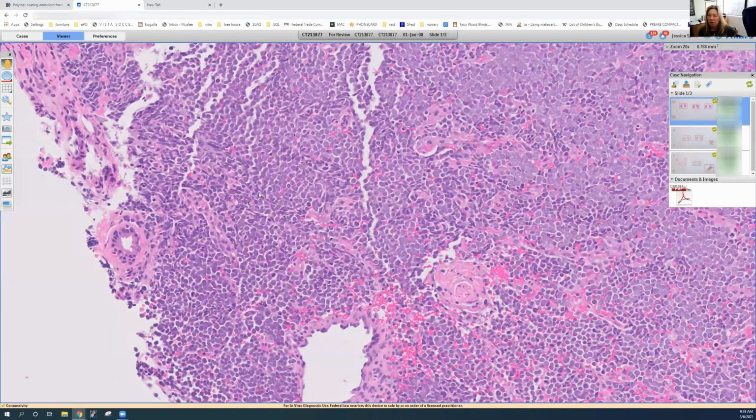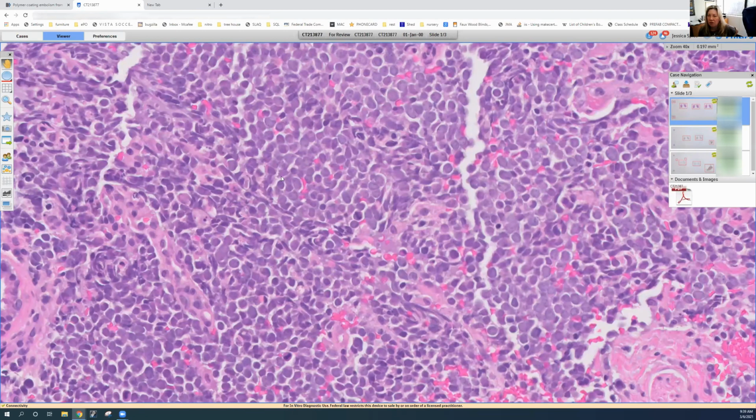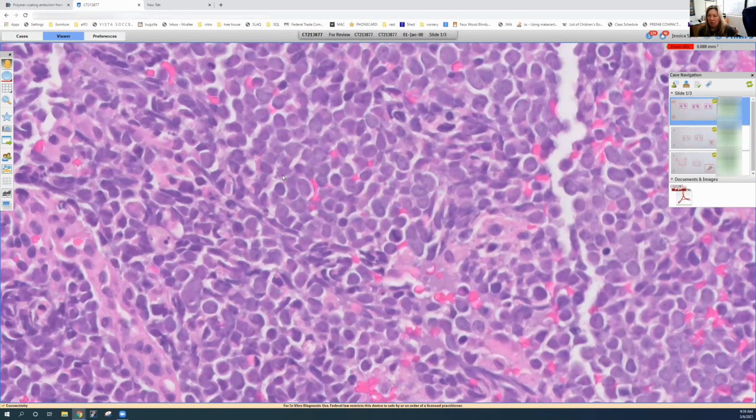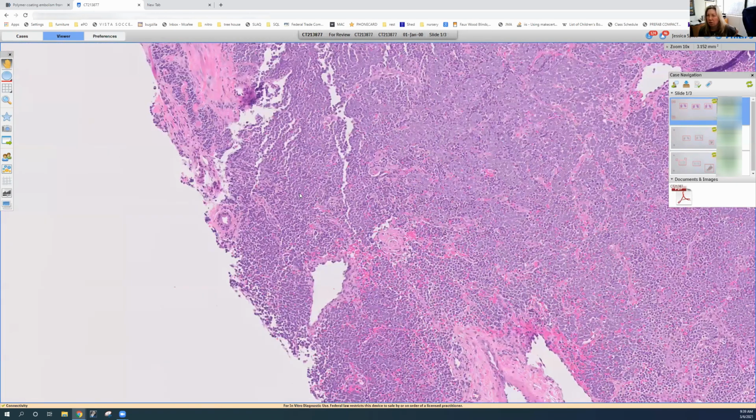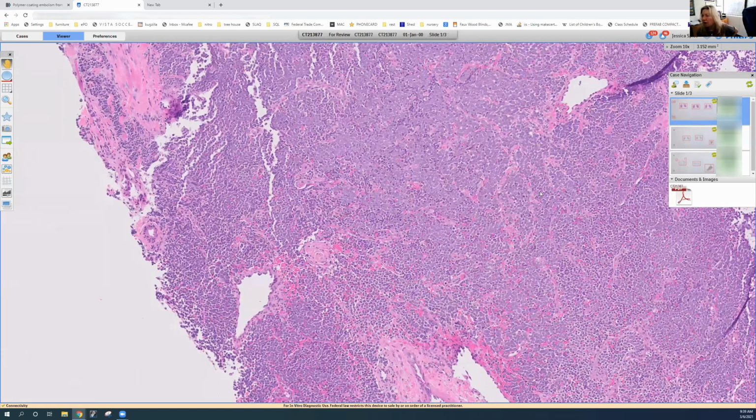Some of you have probably already guessed the diagnosis here, but really the key to this diagnosis is the chromatin of these cells, the salt and pepper chromatin. This is a neuroendocrine carcinoma or Merkel cell carcinoma if it's primary to the skin.